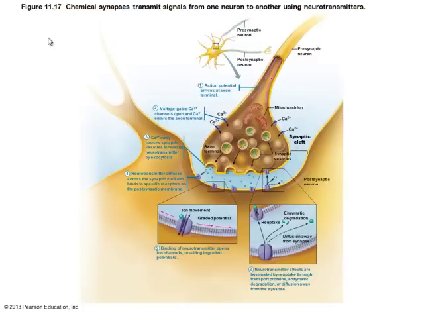So chemical synapses are going to have chemicals that diffuse across the space and affect these plasma membrane receptors on the other side.